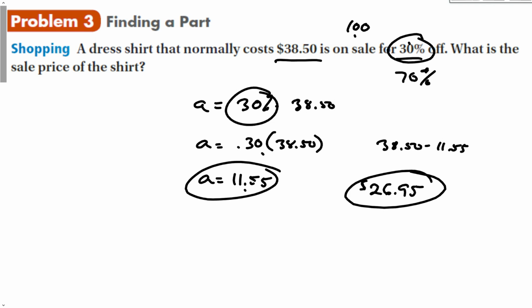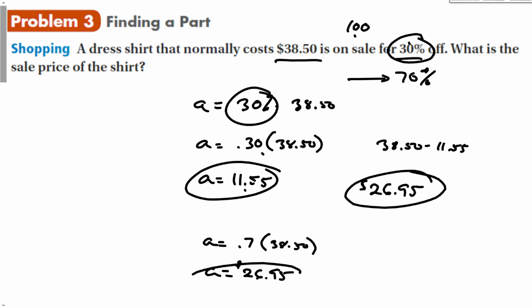If we take 30% off of that, we're left with a total of 70%. So now if I use my percent equation, A is equal to 0.7 times 38.50, I would get 26.95. Okay? So I can get right to the answer if I realize that I can use the relationship between what the sale is, how much we're taking off, and how much is actually left on the shirt.